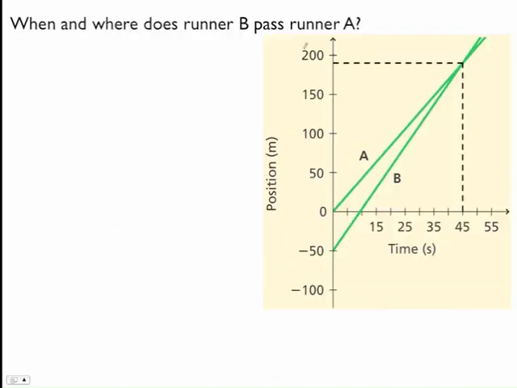Now this is another one. They've already drawn the graph for you, but they want you to figure something out from the graph.